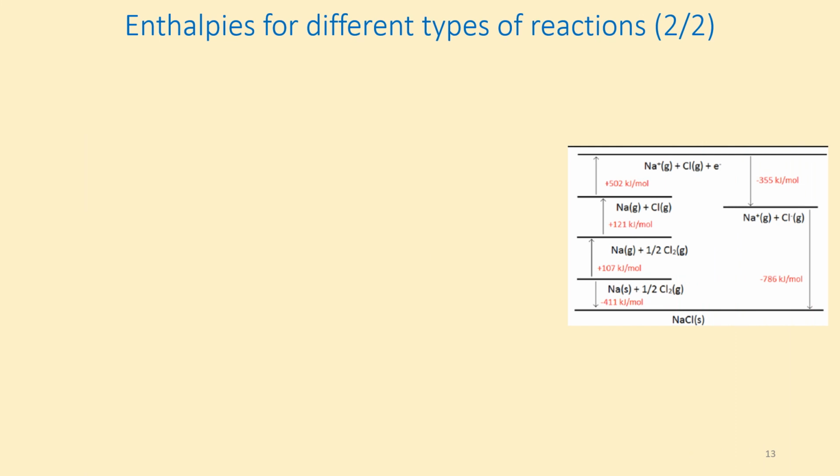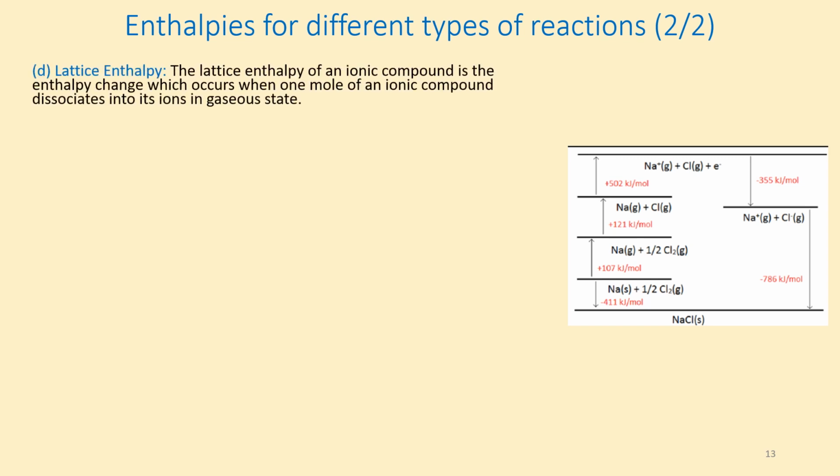The next enthalpy for different types of reaction is lattice enthalpy. Lattice enthalpy of an ionic compound is the enthalpy change which occurs when 1 mole of an ionic compound dissociates into its ions in gaseous state.